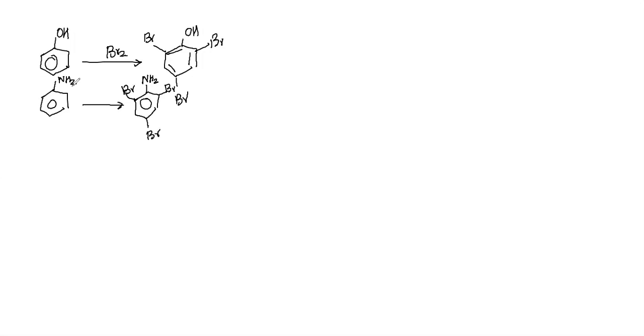The OH and NH2 have activated the benzene ring so much that 3 places are brominated. So very, very highly reactive. Suppose you want to brominate only one place, you have to use some other method.